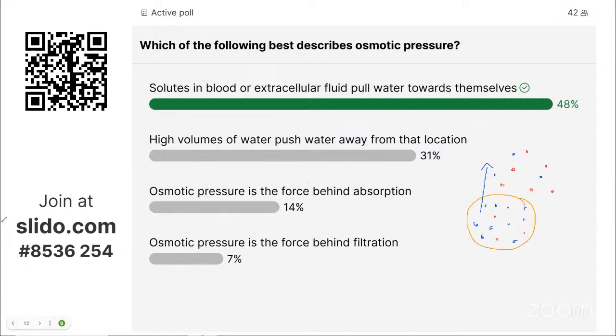But here, now that we're thinking about the blood, we're going to focus in. Notice that because of that inverse relationship, right, you can think about it as these solutes, these extra solutes, this extra protein or ion, depending on what we're talking about, it might be different, right? These higher concentrations of solutes pull the water towards where they are, right?